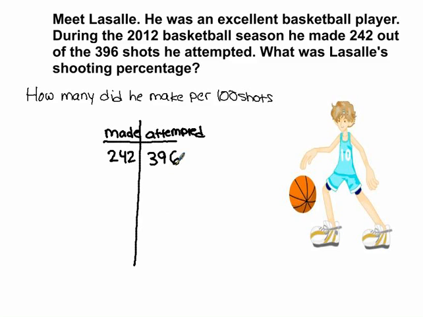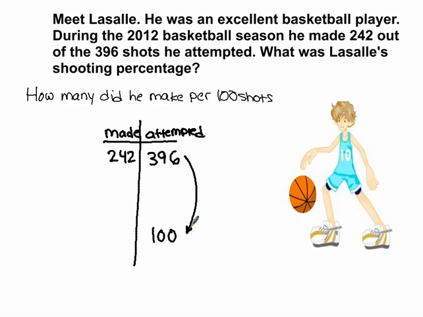We want to get the number that he attempted to 100. This shouldn't be very difficult to figure out what to do. You're thinking about how do I go from 396 to 100?